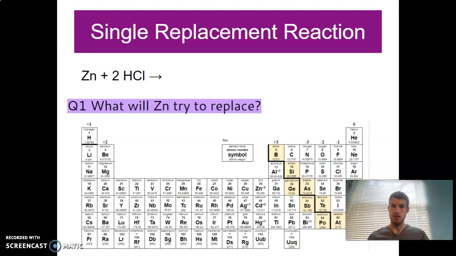Now in this situation, our two choices are H and Cl, hydrogen and chlorine, which both are technically nonmetals. But H, hydrogen, is on the left side of the periodic table. It is going to act like a metal in this case because it's going to make a positive ion with the negative ion of the chlorine. So the zinc's going to try to replace our hydrogen in this case.